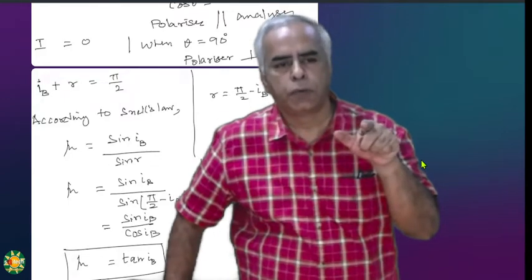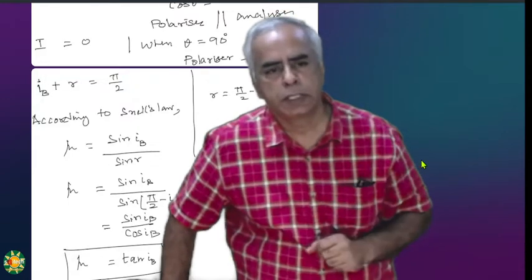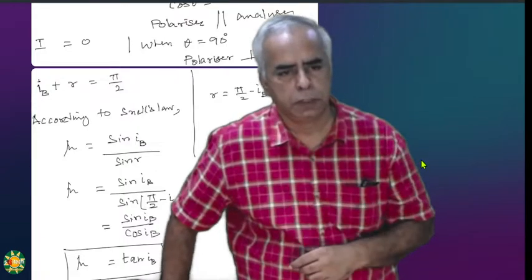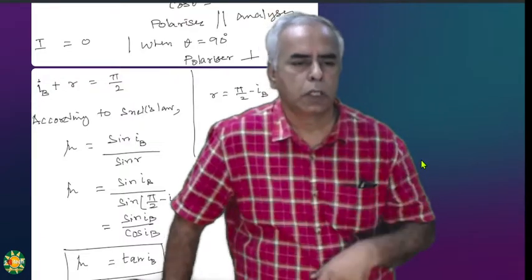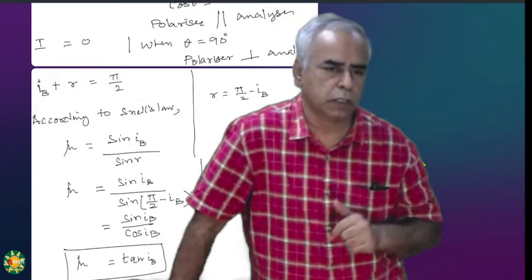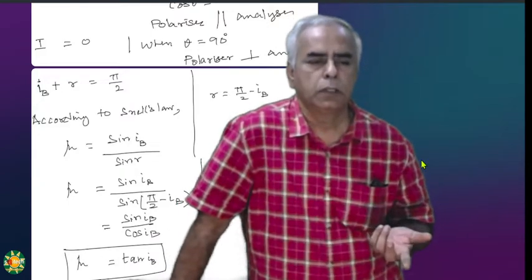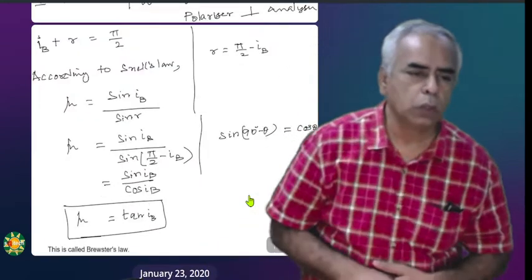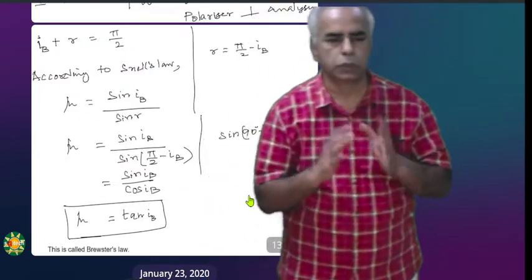And instead of R, you can introduce pi by 2 minus IB. And sine of 90 minus IB is equal to cos IB, is it not? So you can introduce cos IB. So sine IB divided by cos IB is equal to tan IB. So mu is equal to tan IB, and this is called Brewster's law.